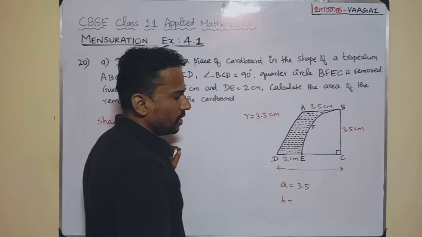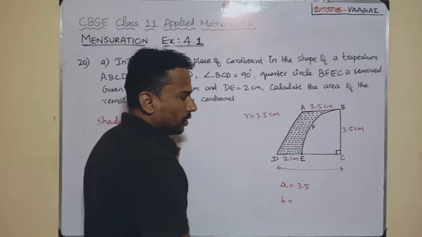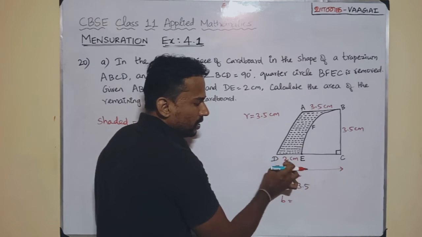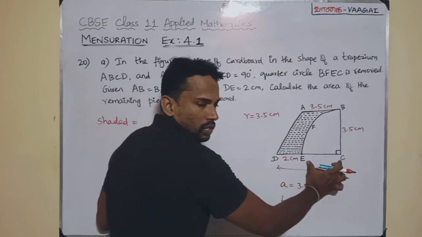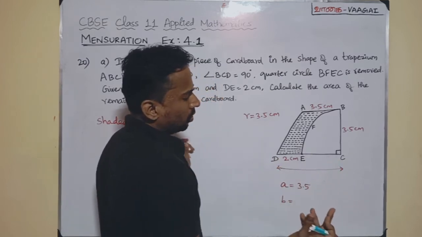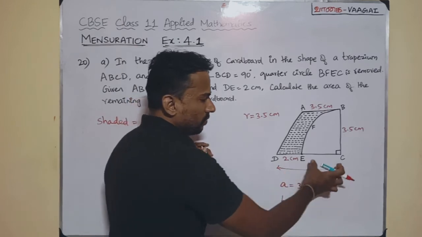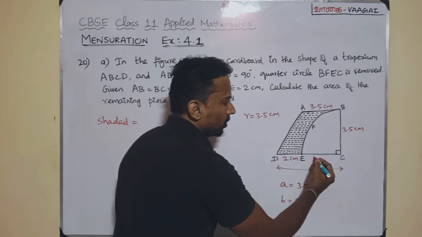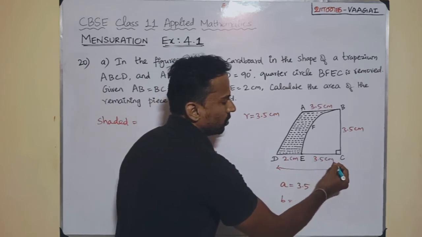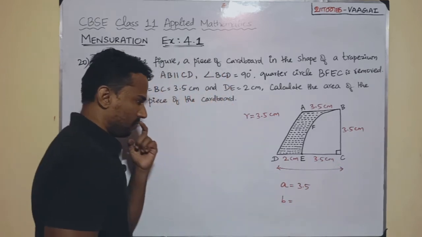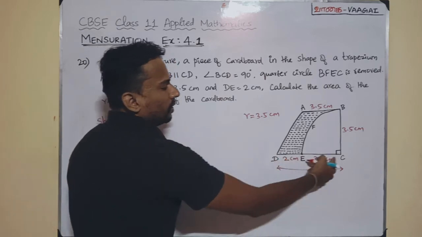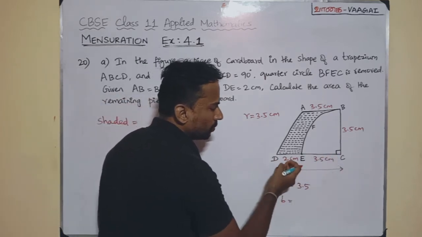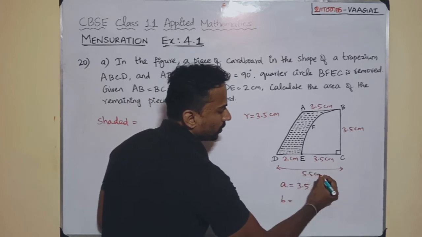The other parallel side is going to be CD. Now what will be the CD actually? The CD is nothing but this EC plus DE. Already DE is 2 centimeter, but what about EC? No confusion here. EC will be nothing but again the radius of this quarter circle only. So the same 3.5 centimeter will come here. Now we can tell this entire side CD will be 3.5 plus 2, which will be 5.5 centimeter.